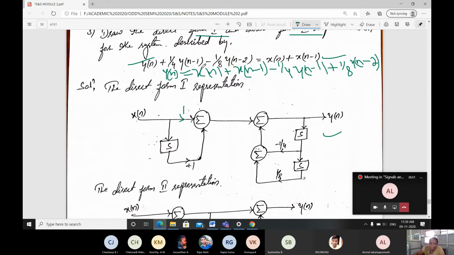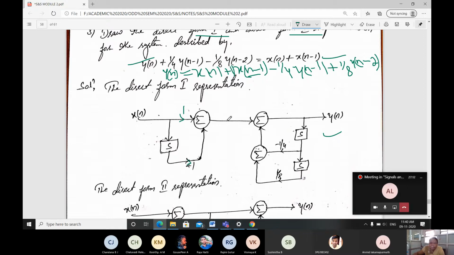Then x of n is delayed by how many times here? n minus 1 means 1 time, so use your shift box. Then the coefficient value here is again 1, so you will write 1.